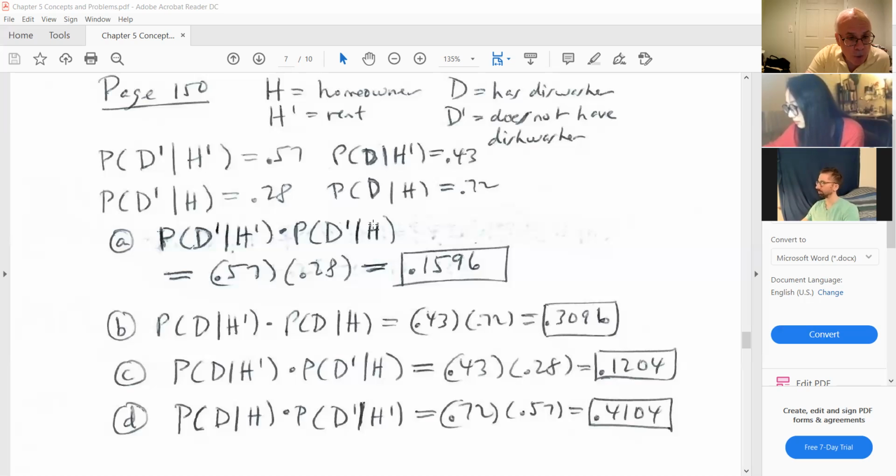So what you simply did was you multiplied these two probabilities to get your answer, right? For A. Why do you say that you simply multiply them? What's your reasoning for that?